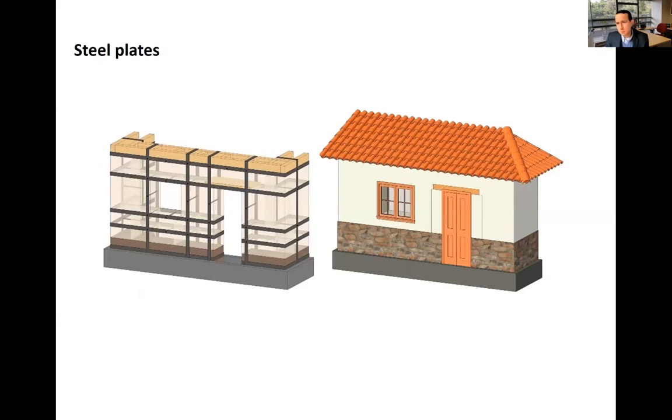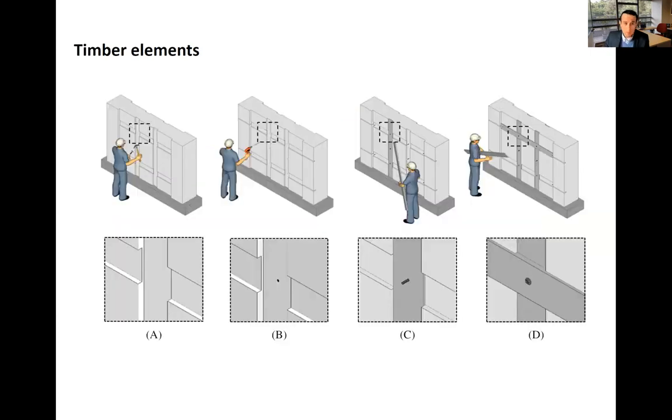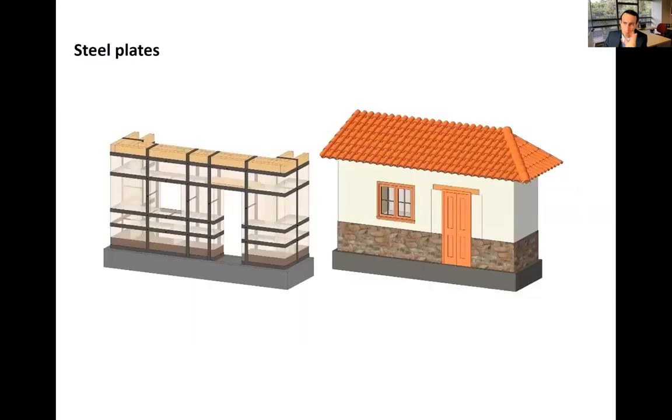And recently we have also worked on steel plates. The problems with the timber elements are mainly related to durability, especially because of the humidity that these walls will have during the whole time that they exist. Also, we would like to have something with better strength.